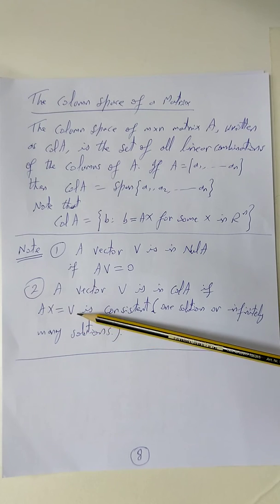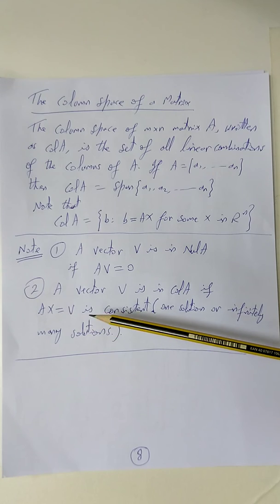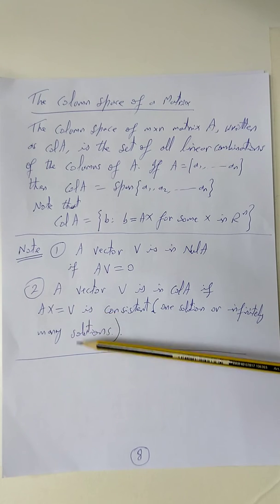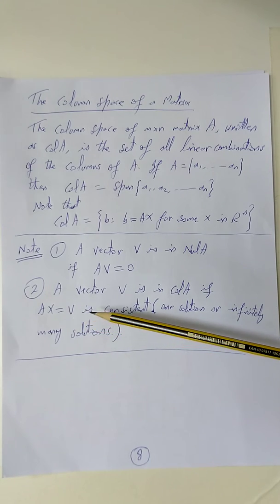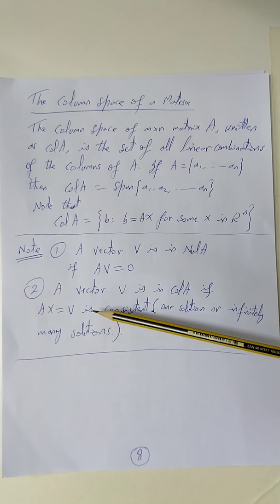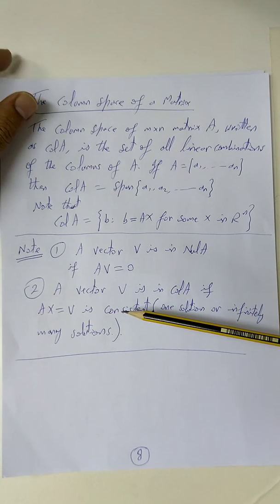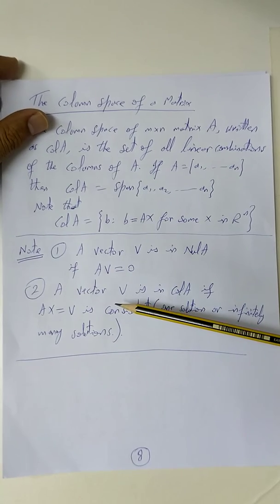A will be given, v will be given. We can find the x values, x1, x2, x3, and if x has a solution, maybe a unique solution or infinitely many solutions, then it is in Col A, and if it does not have a solution, then it is not in Col A. Okay, I think now the definitions are clear.